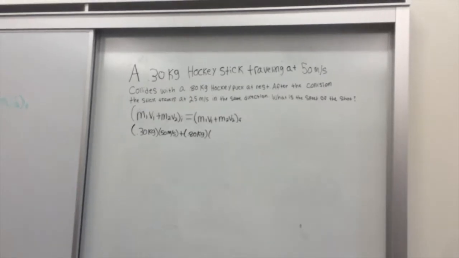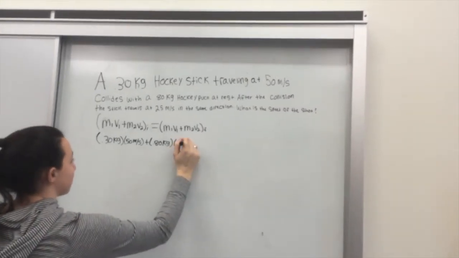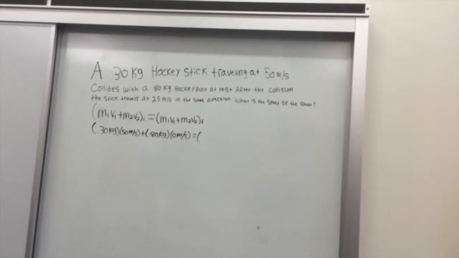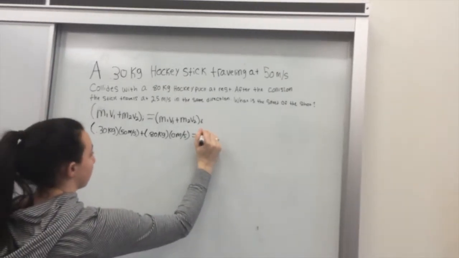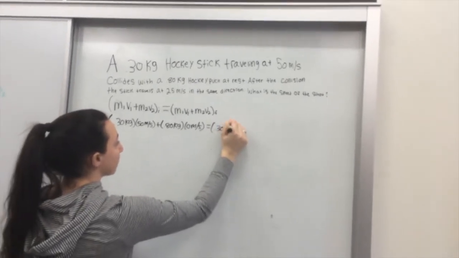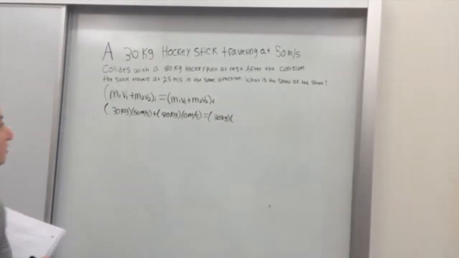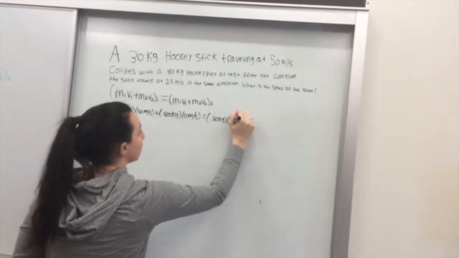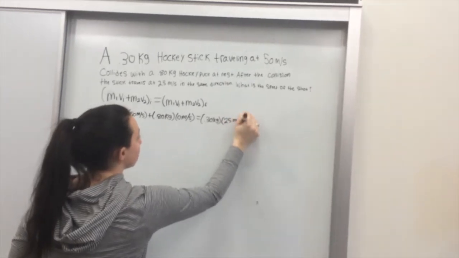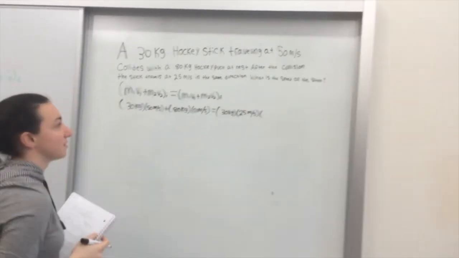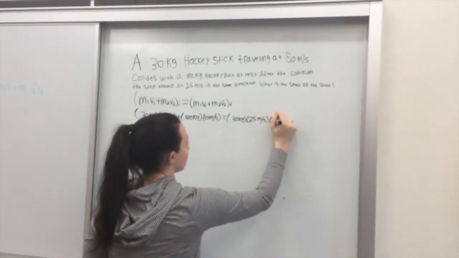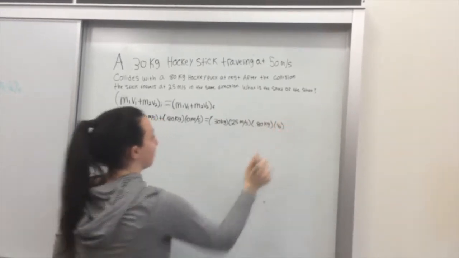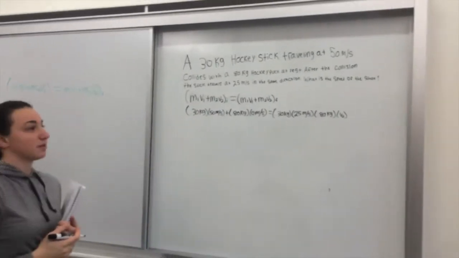And since the puck isn't moving, it's 0 meters per second. And the final mass of the hockey stick is the same as it started, so it's 0.30 kilograms. And after it collides with the hockey puck, it's going 25 meters per second. And the hockey puck's mass is still the same, so it's 0.80 kilograms. And we don't know how fast it's going after it collides, which is what we're trying to figure out.